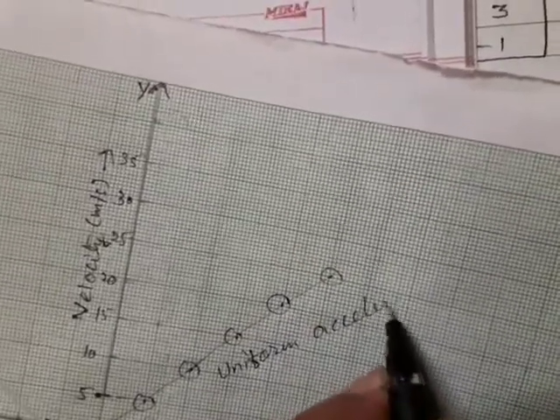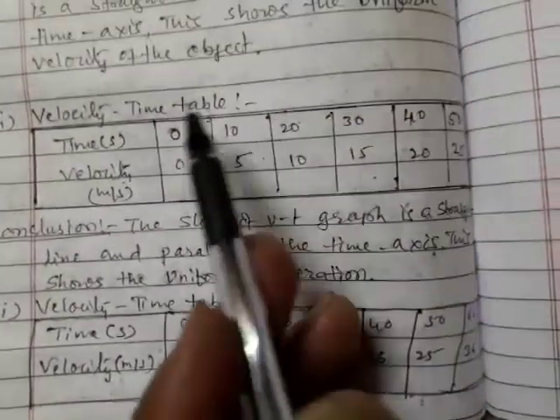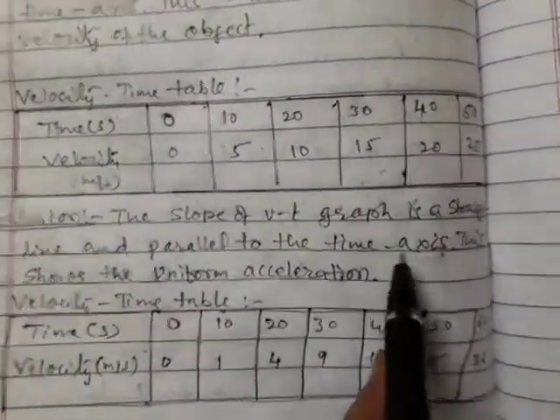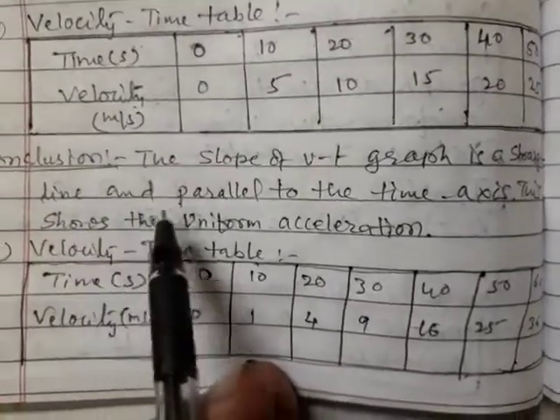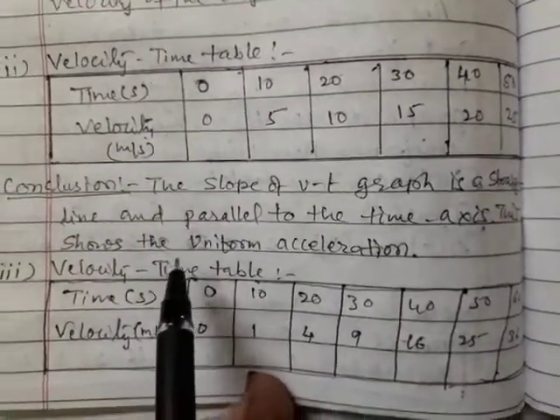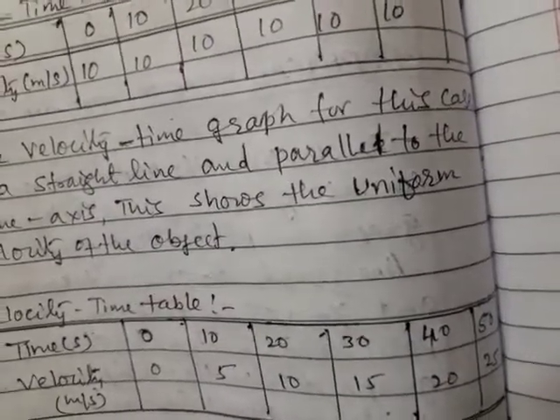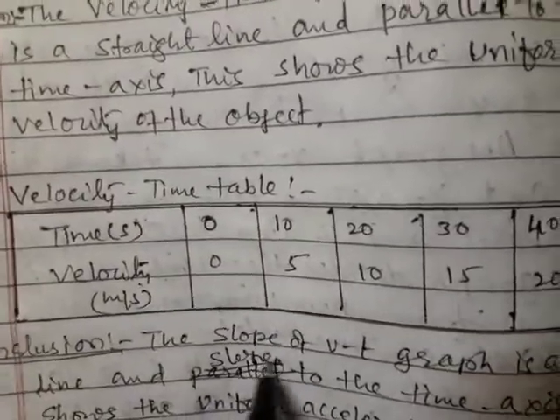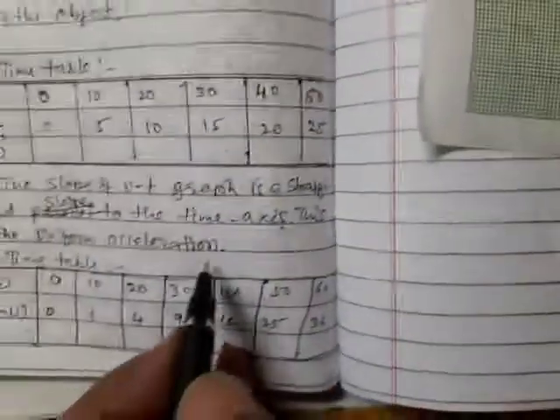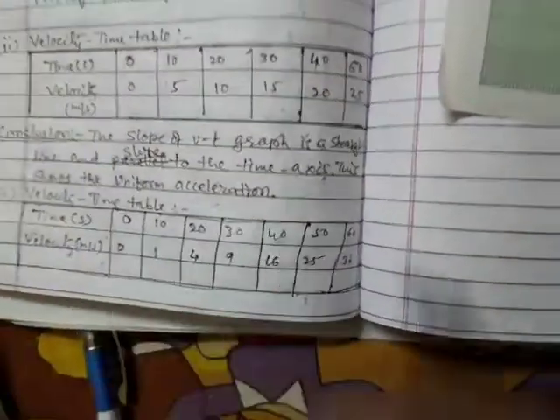So we conclude that the velocity time graph for this data is a straight line with a slope with respect to the time axis. This shows the uniform acceleration of the object.